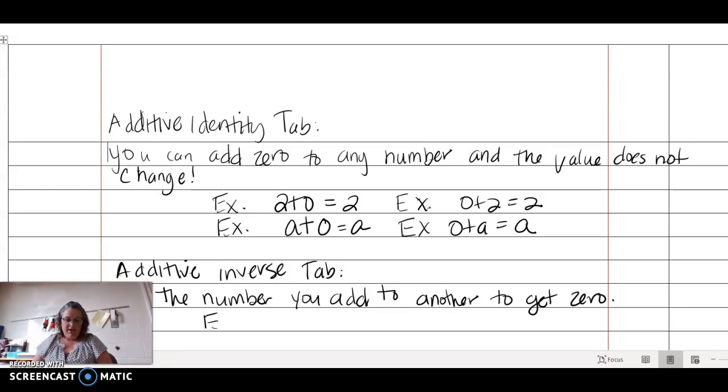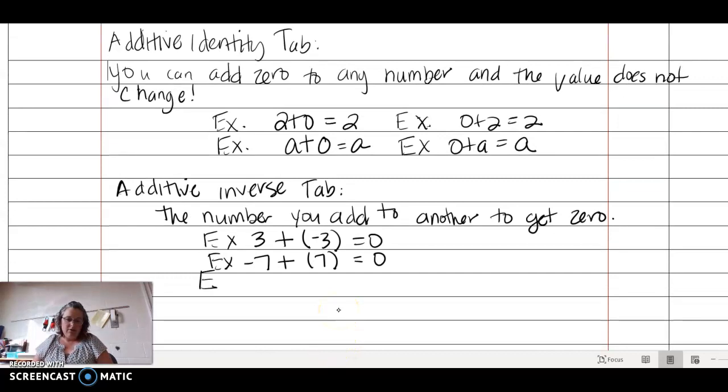So for example, if I have the number 3, I would have to add a negative 3 to get 0. Your additive inverse would be negative 3. If I have negative 7, I would have to add a positive 7 in order to get 0. Your additive inverse would be positive 7.